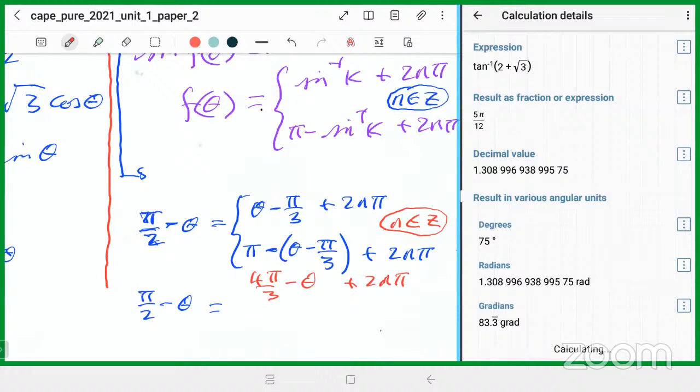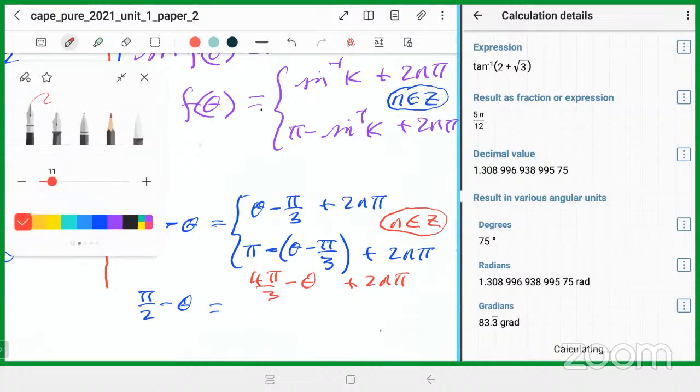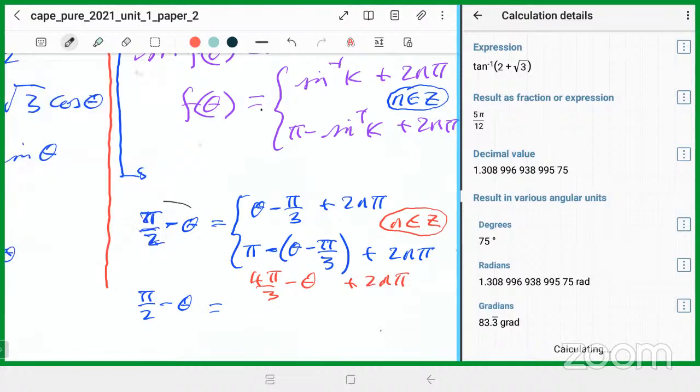So see the problem here? You have this minus theta on this side, and I also have minus theta on the other side of the equation. Then they cancel each other. So this part of it is not producing any result. It is not valid.